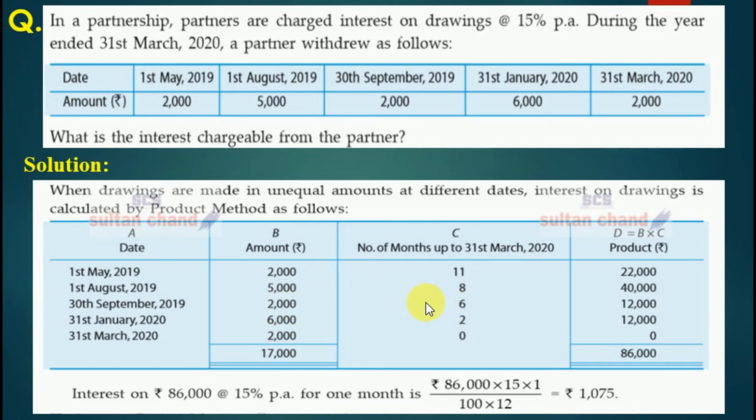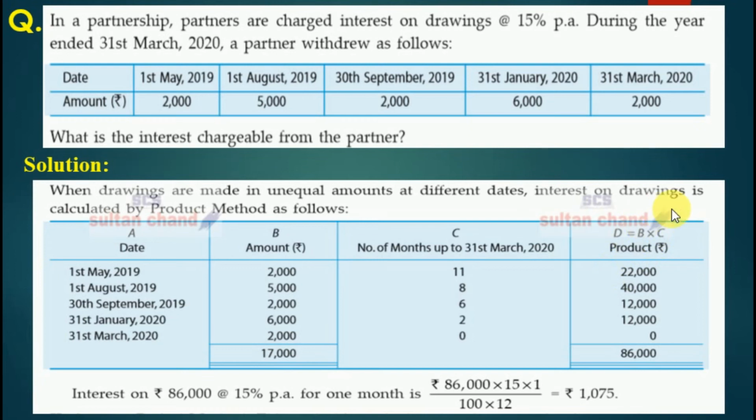Similarly, for the fourth drawing, the amount of rupees 6,000 remains outstanding from February to March, that is 2 months. And lastly, for the fifth drawing, the number of months is 0. As you can see, the withdrawal amount is 2,000 and the number of months is 0, because 31st March is the end of the accounting period.